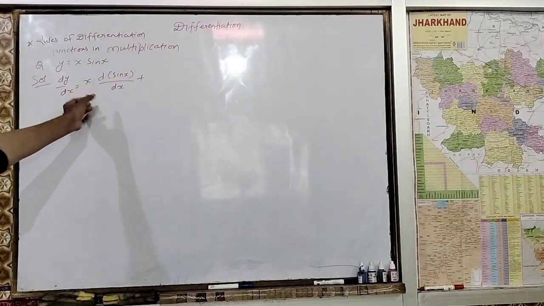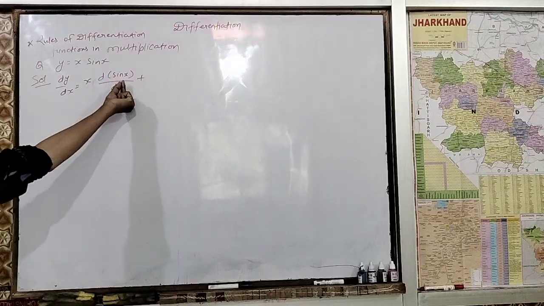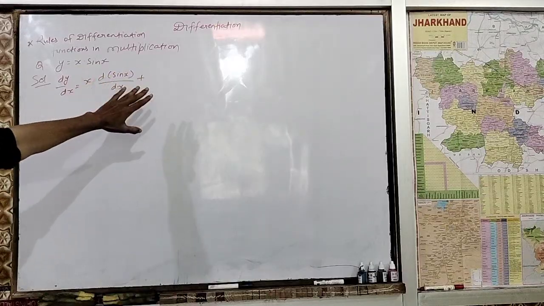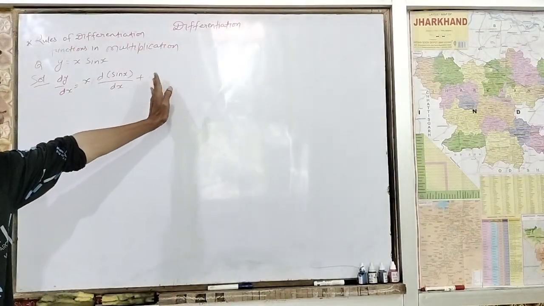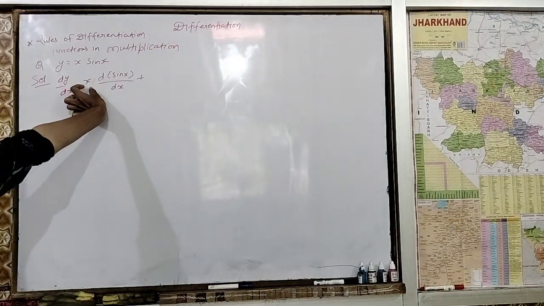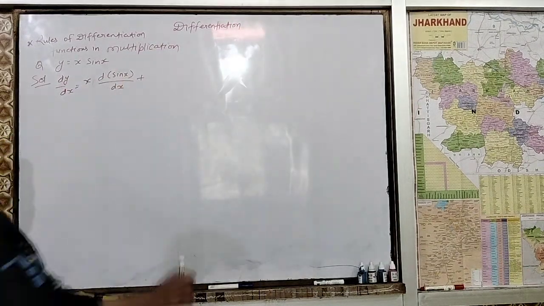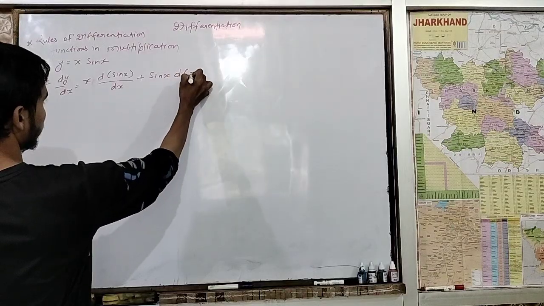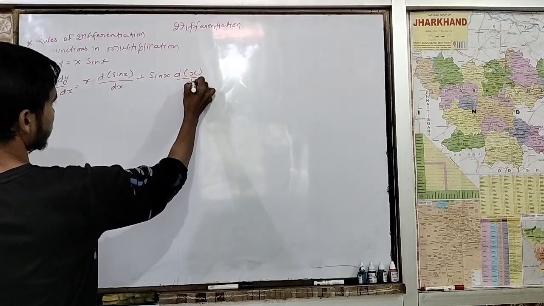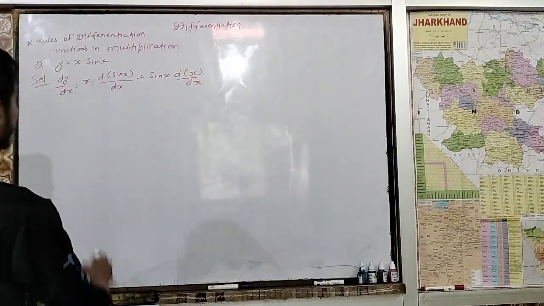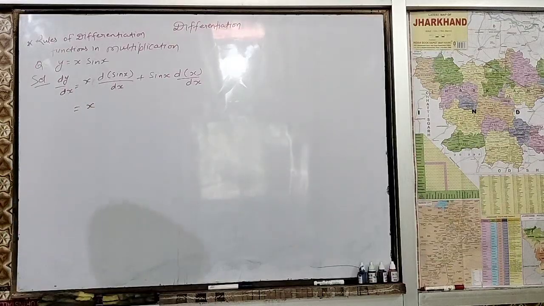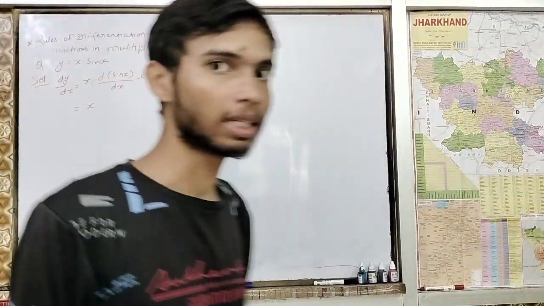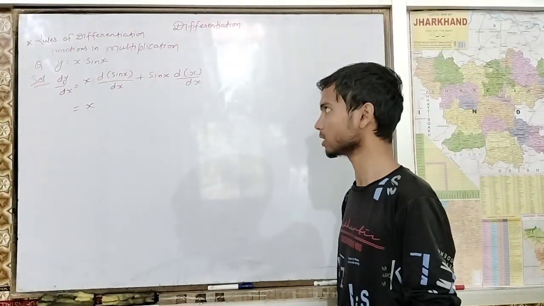Now in this term we differentiated this sin x but not x. In this side we will differentiate this but not this. So sin x will be as it is, and we will differentiate this term. Now x is in multiplication. We are not differentiating x. That's why it will be as it is.